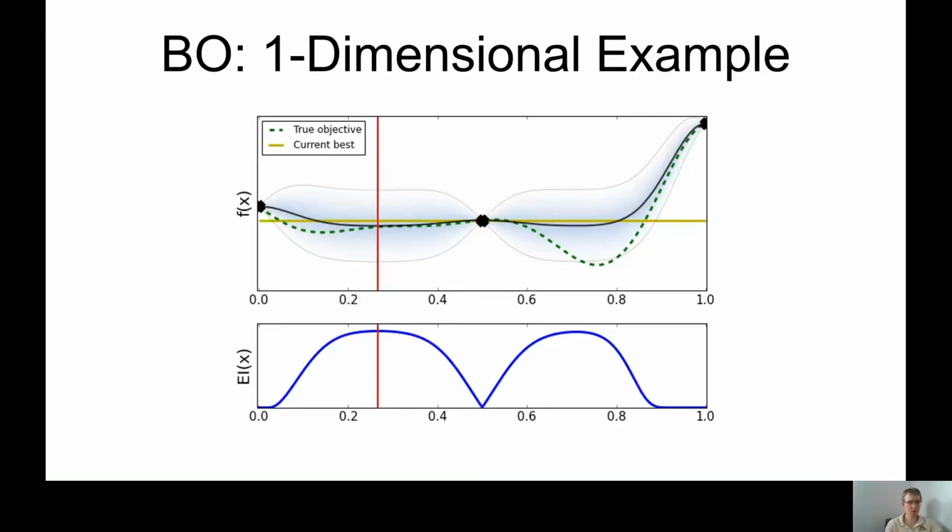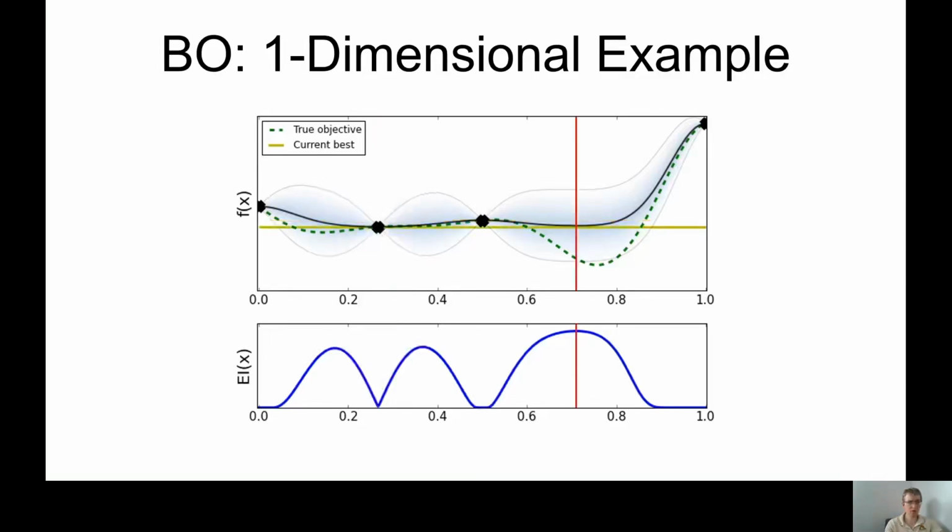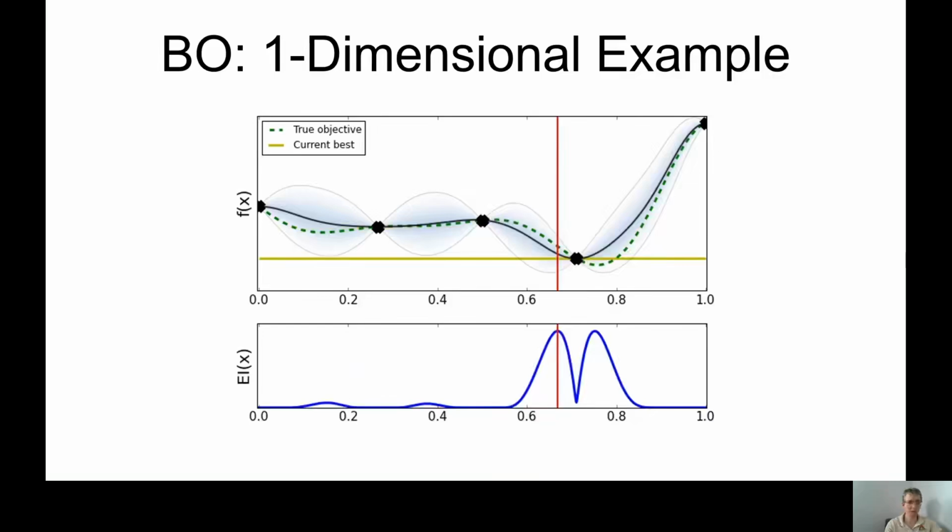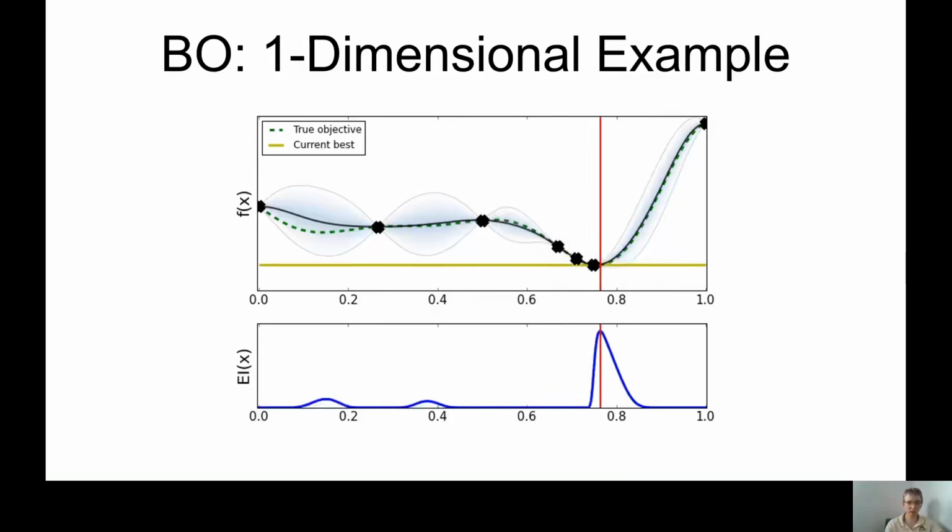So for these few iterations, well, we just evaluate the function in the biggest areas of uncertainty. We're basically just exploring, but then at some point, we're getting really in the direction of the minimum. And at this point, the Bayesian optimization starts to be more exploitative. And we keep probing this region until there is almost no uncertainty left. Okay, so obviously there are more nuances to Bayesian optimization, but I hope this just gives you a basic idea.